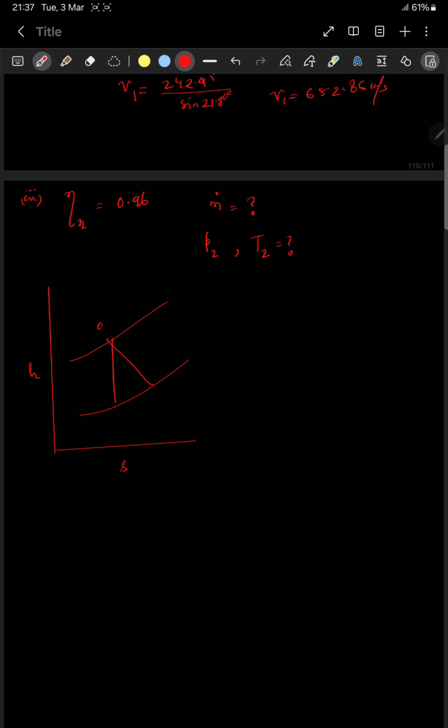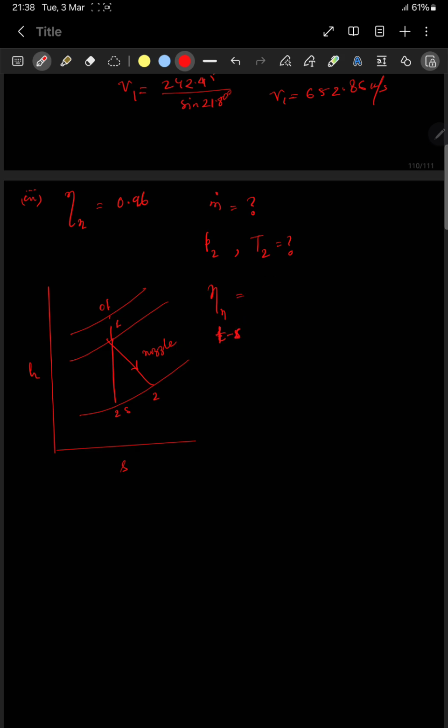For the nozzle, this is 0, this is 1. This is for the nozzle. So we have nozzle efficiency, which is total to static.